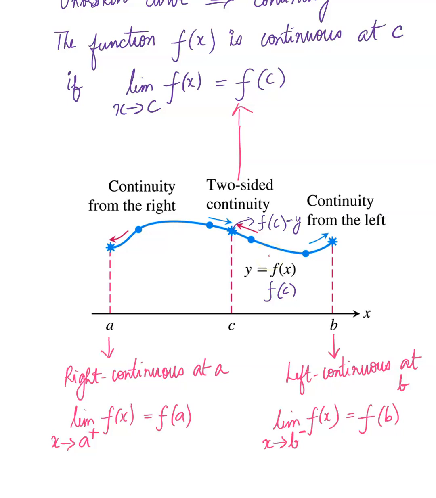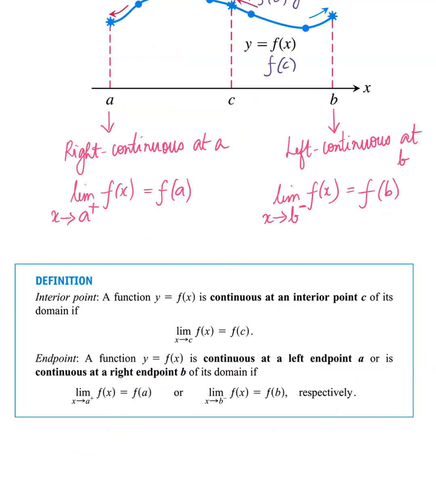So any value between A and B would be the interior of A and B. The definition talks about interior points, because at the endpoints A and B, it is not two-sided continuity, it's one-sided continuity. Two-sided continuity is assured within A and B, the interior values of the interval A to B.